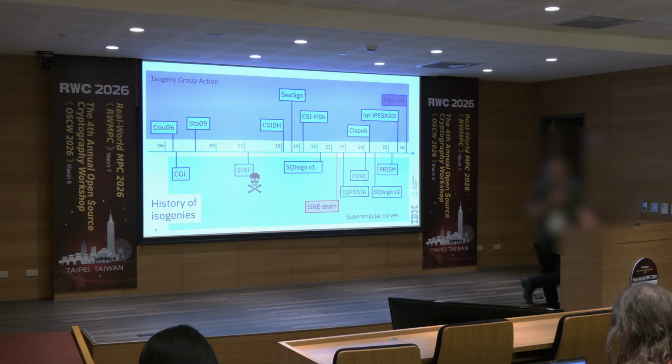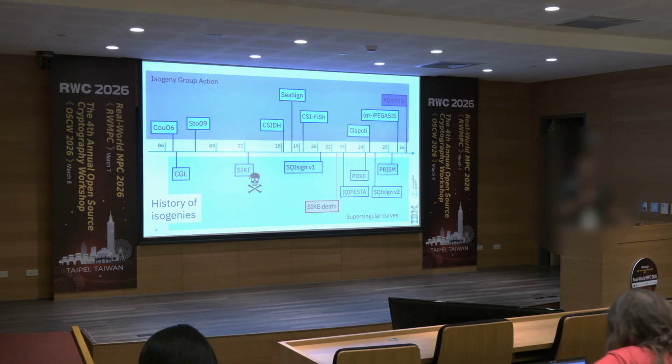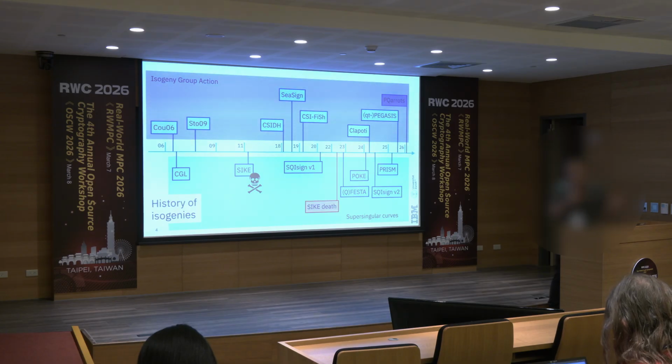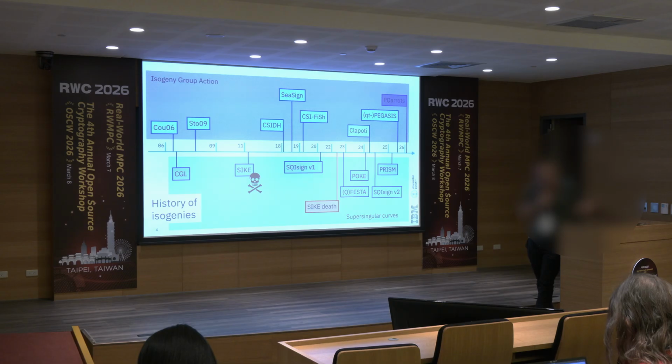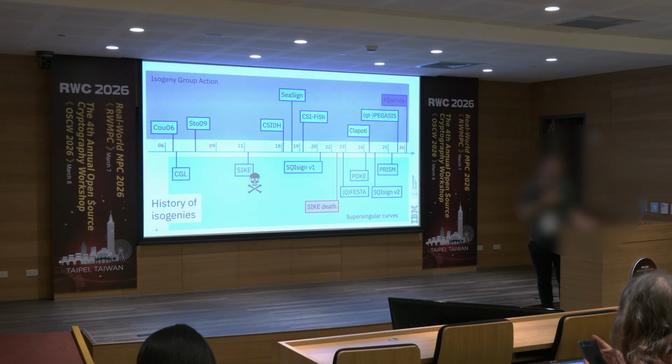We have to assume that until 2 years ago, we didn't even know if it was possible in principle to instantiate these schemes from isogeny-based group actions. So we were in a strange situation in which we knew a lot of potential schemes, in particular threshold schemes, that could be written and you could give specifications, but we lacked the actual mathematical machinery to instantiate them in practice.